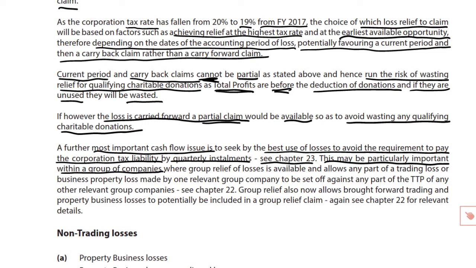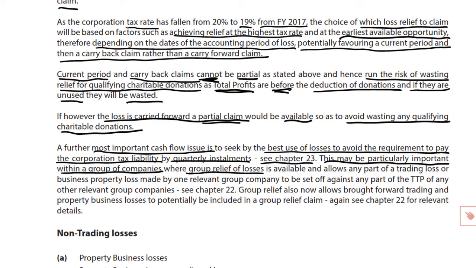We'll discover in a later chapter that if you are within a group of companies, there is the ability to group relieve a company's loss. It's a nice title, group relief, but don't be put off by that.